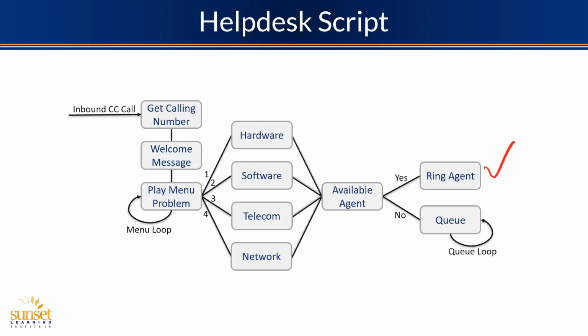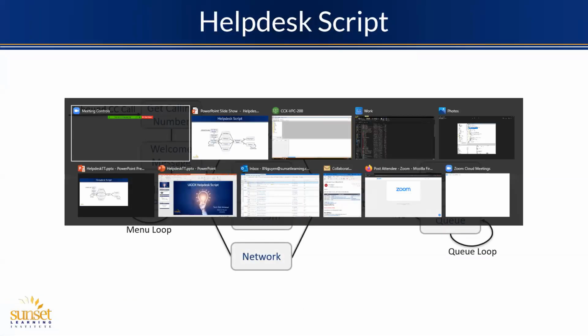And then we'll build some kind of a queue loop, so that you can see how I receive music on hold or how I configure all of that stuff. That's probably what we're going to go through for our help desk script. Any questions before I lead you through this live demo?